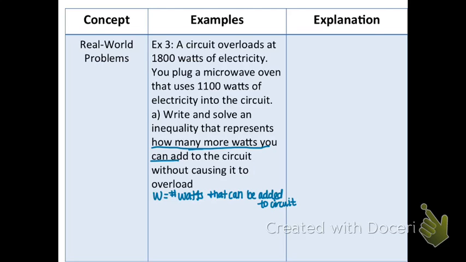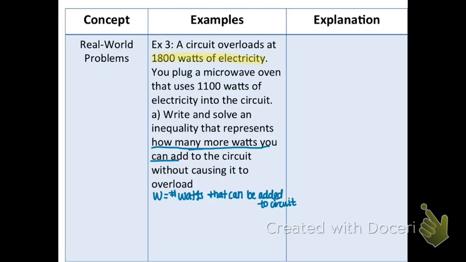So let's break down the problem. We know for sure that at 1800 watts of electricity, the circuit's going to overload. But we don't want that.